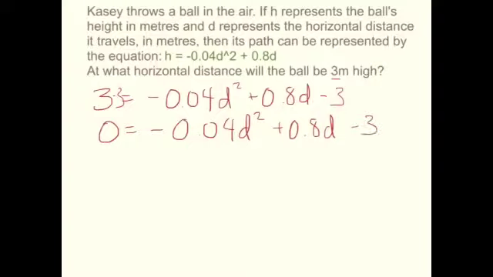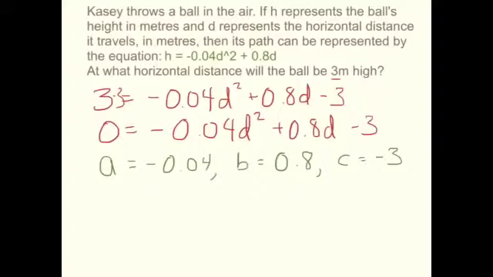Okay, so now I'll just identify my a, b and c values. a is my coefficient on d squared, so a is negative 0.04. b is the coefficient on d, so 0.8. And c is negative 3.